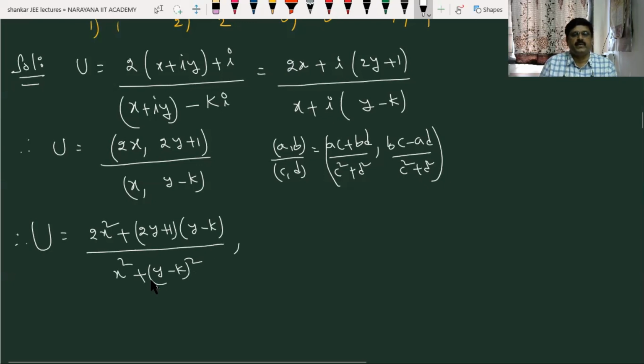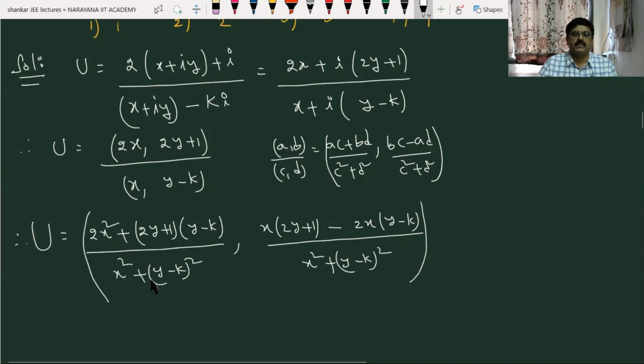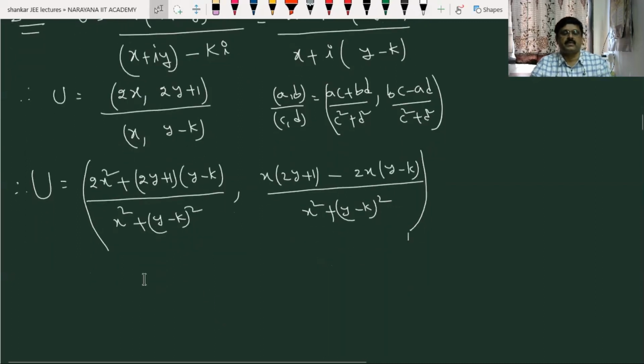Okay, so it will be x of 2y plus 1 minus 2x of y minus k upon x square plus y minus k whole square. So this problem is coming like this, students.